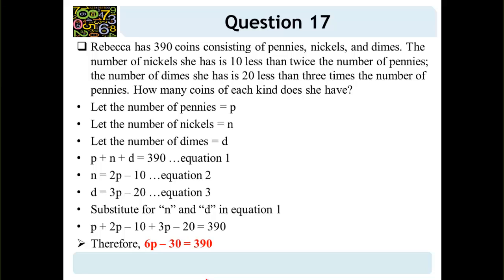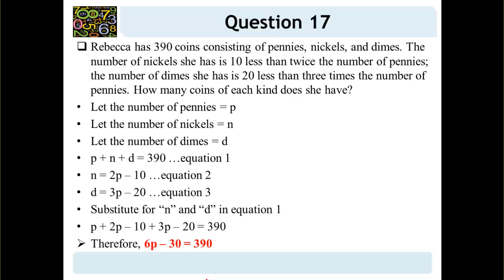We have number of pennies to be P, number of nickels to be N, and number of dimes to be D. Now, she has 390 coins consisting of these 3 things, so that means that P plus N plus D is equal to 390. We don't know how many each of them are, and that was what we were asked to find.